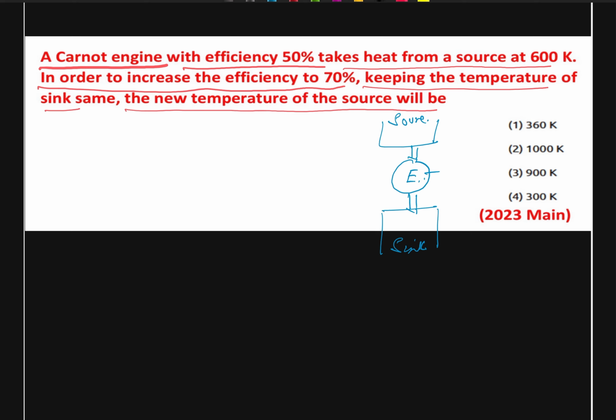And this engine is going to do some work done, that is W. So we have two cases.